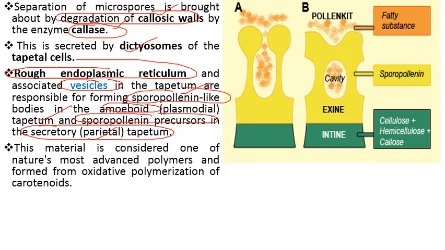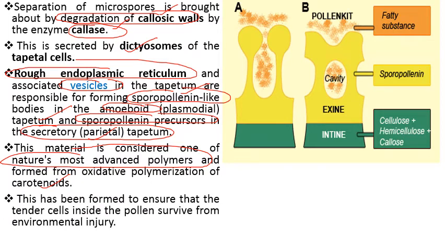And this sporopollenin is considered one of nature's most advanced polymers, formed from oxidative polymerization of carotenoids. तो जो carotenoids हैं उनकी oxidation से ये बनता है. That is sporopollenin, and it is one of the toughest materials which protects the pollen grains. This has been formed to ensure that the tender cells inside the pollen survive from environmental injury. So ये ensure करता है कि जो pollen grain के अंदर delicate or soft or sensitive cells present हैं वो survive करे from the external environmental injury or environmental stresses.